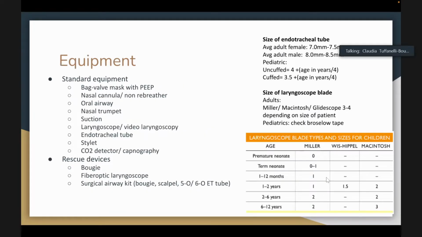The equipment needed for standard intubation: you're going to need a bag valve mask with PEEP preferably, so that when you sedate the patient, while you're waiting for medications to take effect and you're getting yourself ready, you can bag the patient. A nasal cannula or non-rebreather for that pre-oxygenation. An oral airway is good to have.